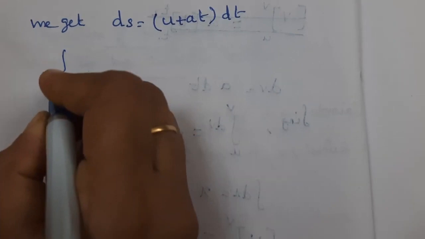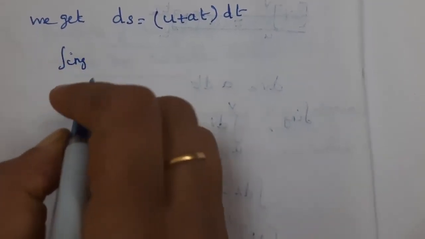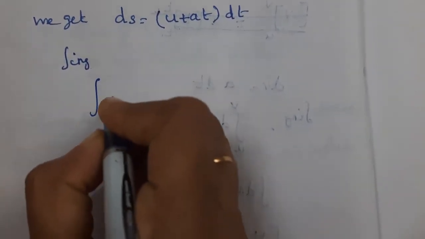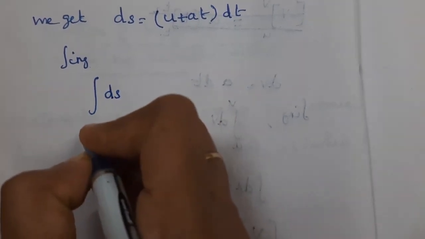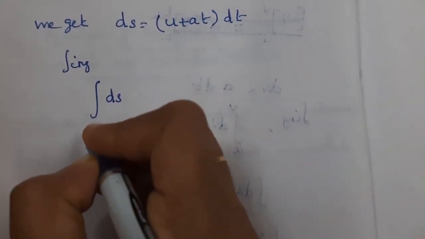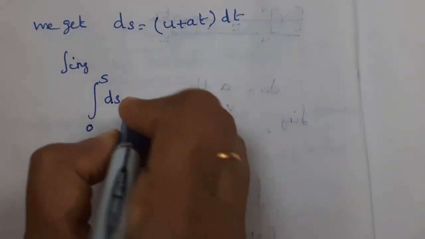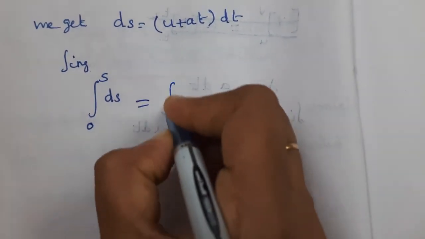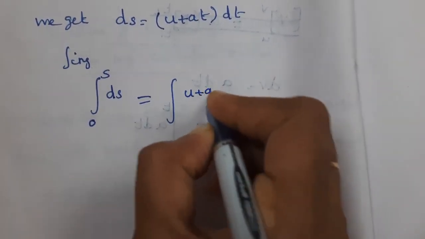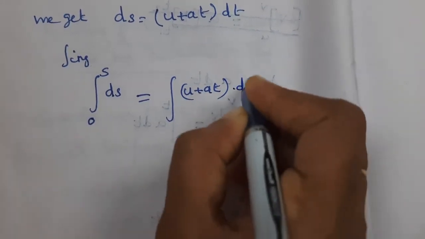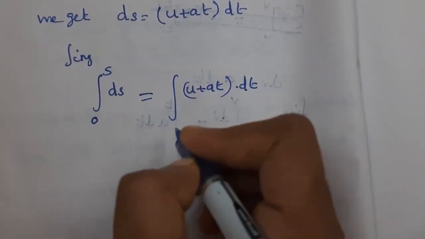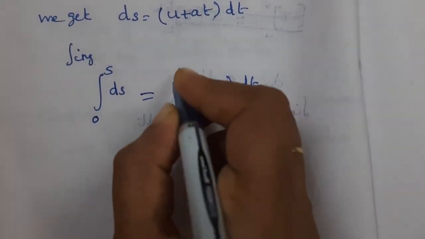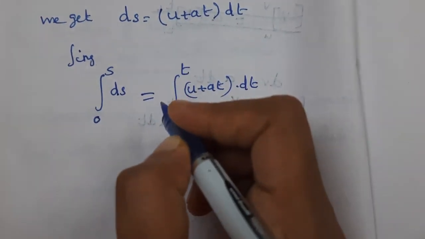Now integrating this equation on both sides. That is integral ds, the displacement is from the origin to s, so 0 to s, equal to integral of u plus at into dt. Here with respect to time, so we put the limit as 0 to t.